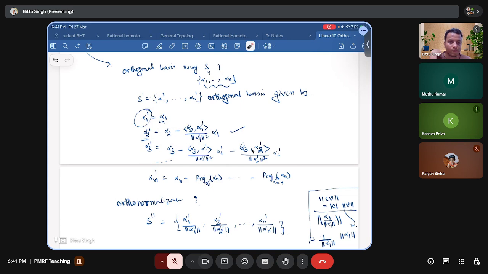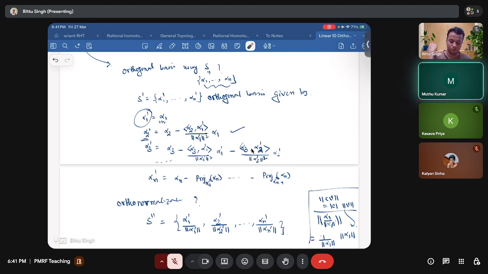No, you check. Without alpha dash, just alpha 1, alpha 2 is sufficient. Why do you put alpha 1 dash? Without that, orthogonality will come.